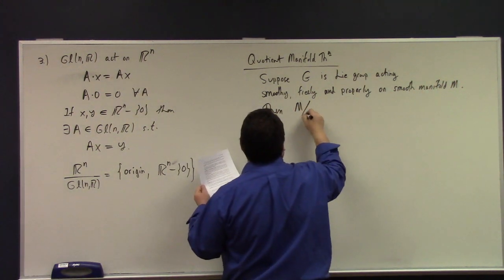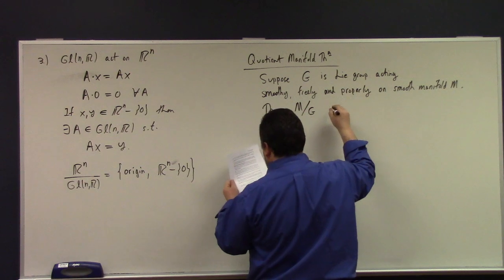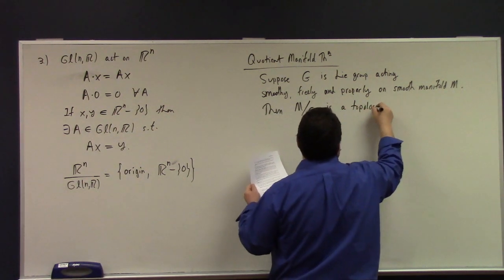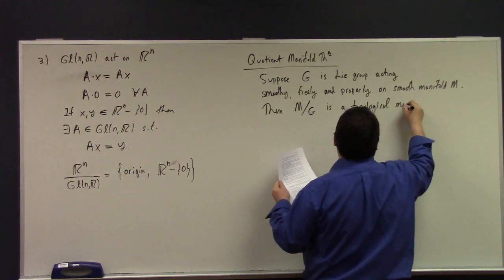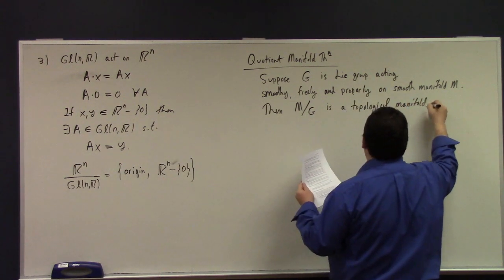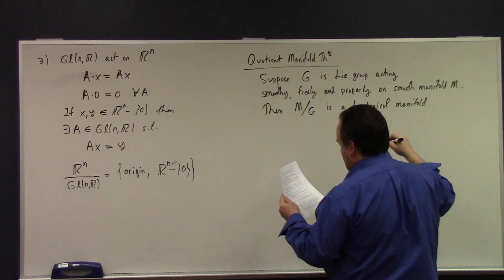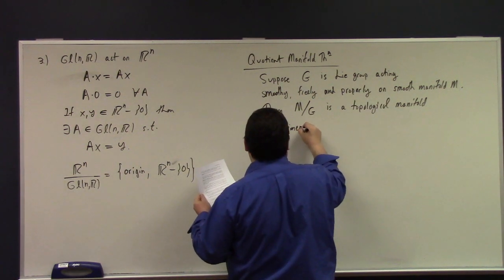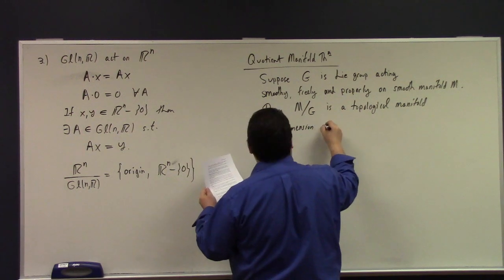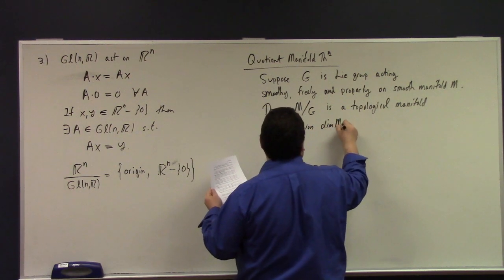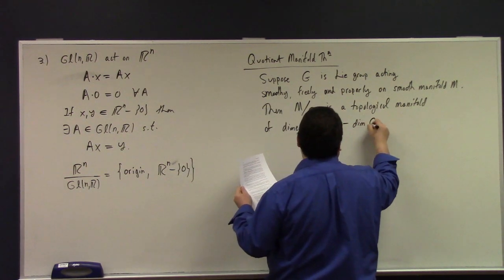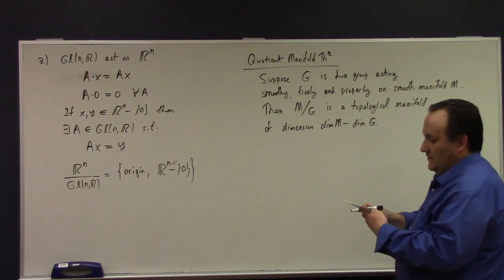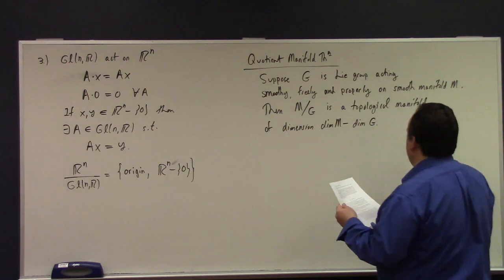Then the orbit space M by G is a topological manifold of dimension dim M minus dim G. And it has a unique smooth structure.